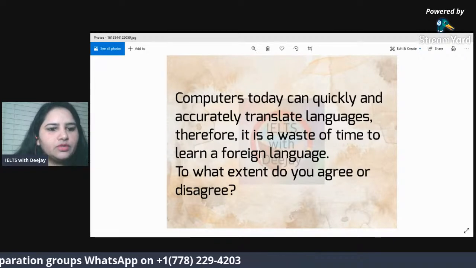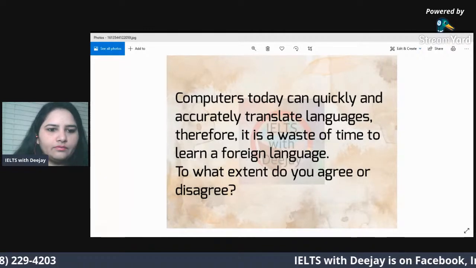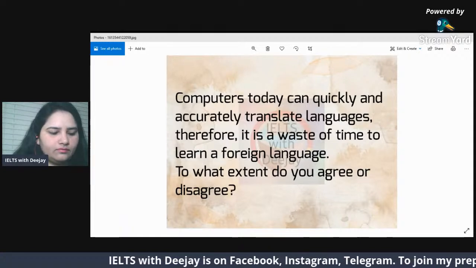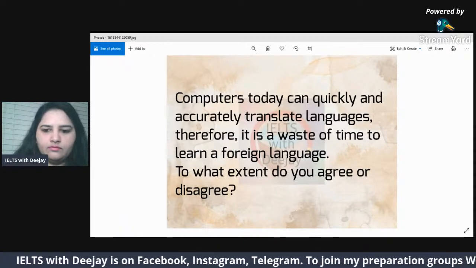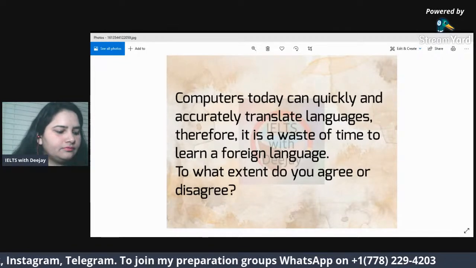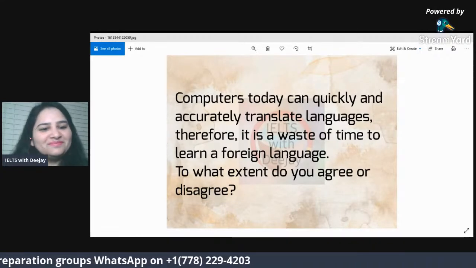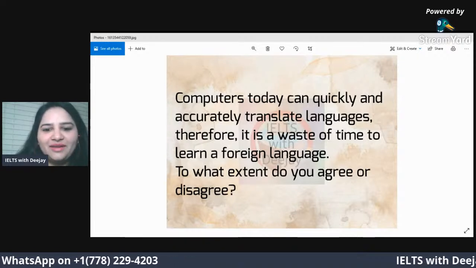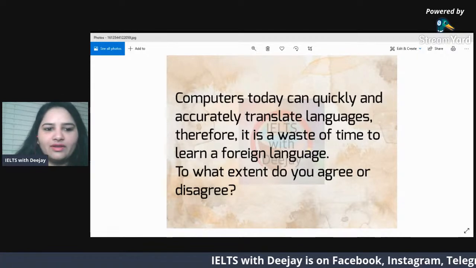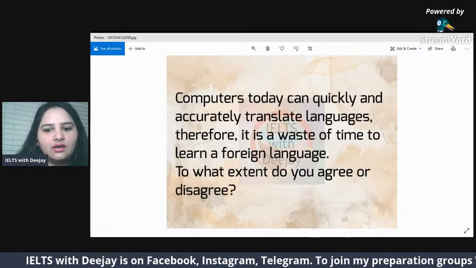You agree, you disagree, or you partially agree? 100% disagree. Wow. Okay. So write down your thesis as well, Pooja. For disagreement, how will you write your thesis?